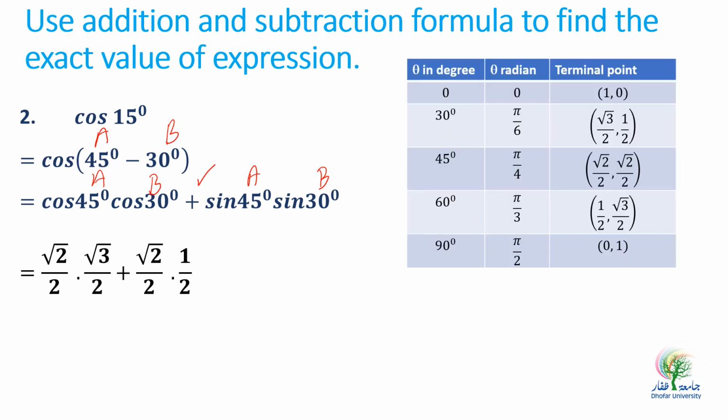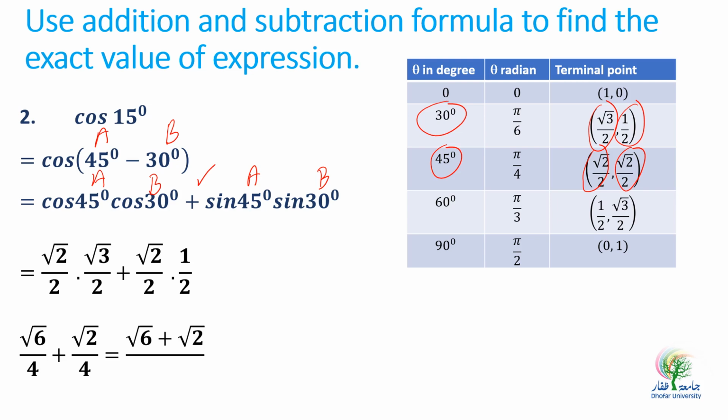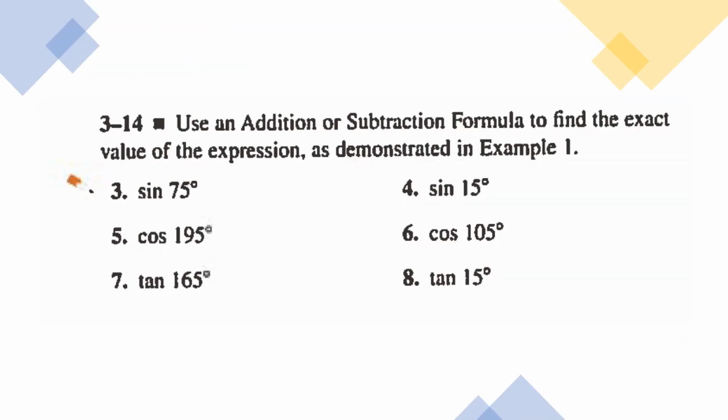We use the table, 45 degree and 30 degree, to put the values of cosine 45, cosine 30, sine 45 and sine 30. Simplify, and the answer will come like that. This is some practice question. You can practice on this question.